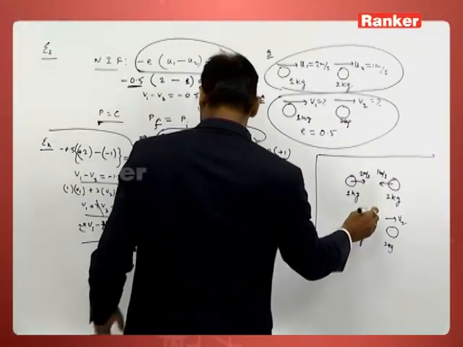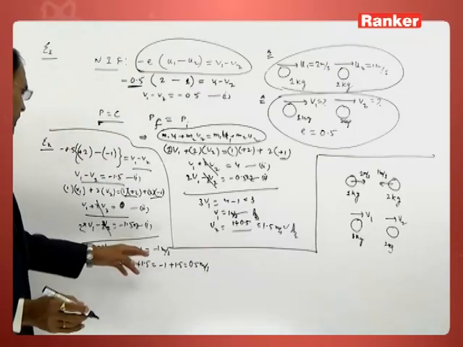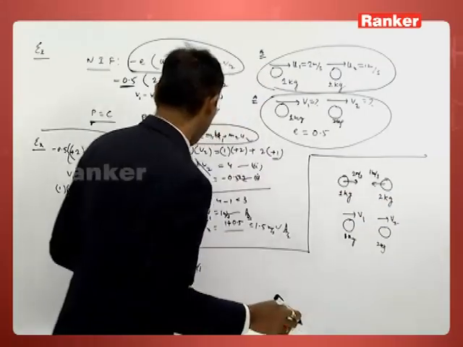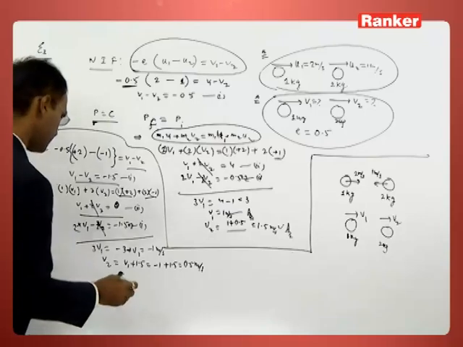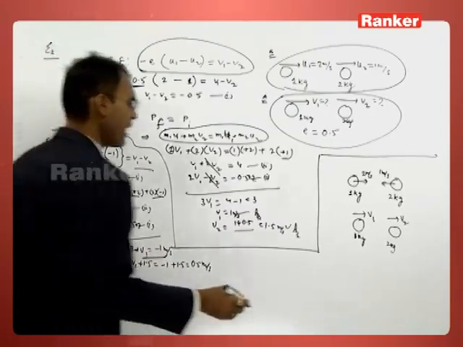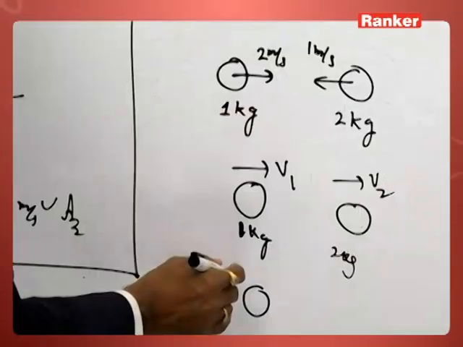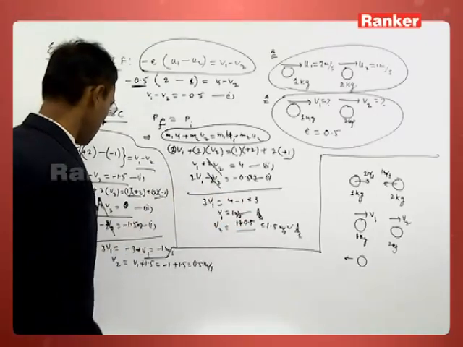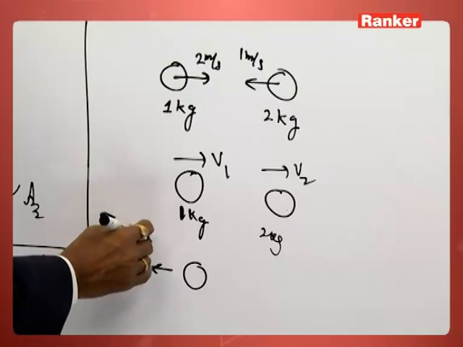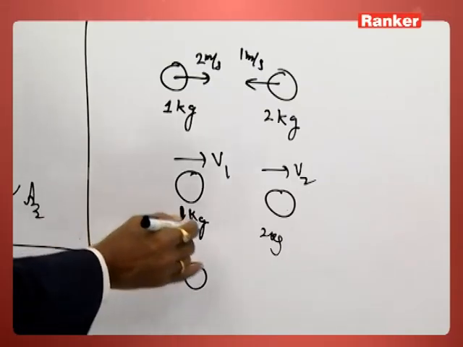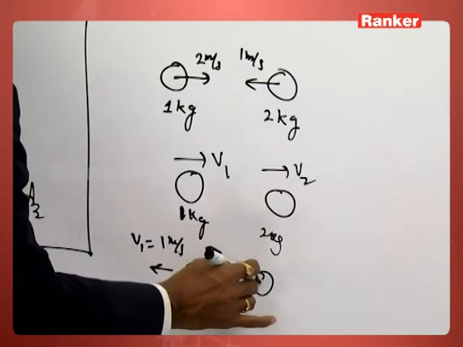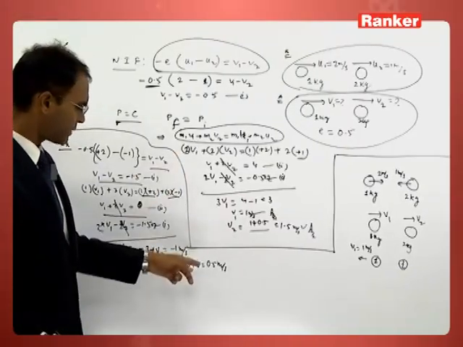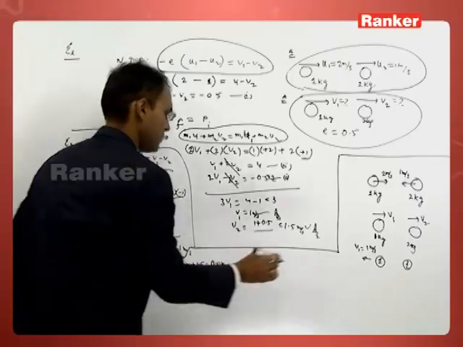Since you are getting a negative answer, while you took positive x direction as positive, object 1 will physically move back in the negative x direction with a speed of 1 meter per second, and the second object is moving with a velocity of 0.5 meter per second in positive x direction because we are getting a positive result.